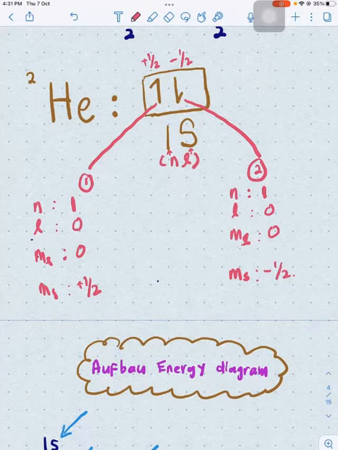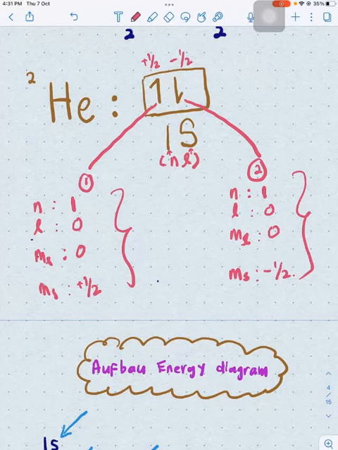So, yes, it seems like walaupun NL dengan ML mereka sama, tetapi they will be different in terms of spin quantum number. So, itu yang dimaksudkan oleh Pauli exclusion principle, yang dia kata there will be no electron with the same set of quantum number. Kan tak sama dia punya set tu. Satu tu 100 positive half, satu lagi 100 negative half.